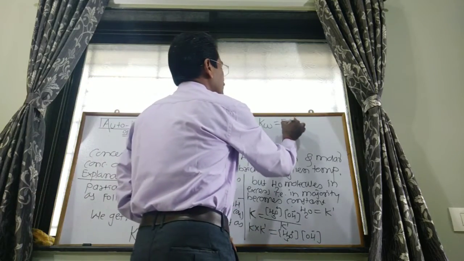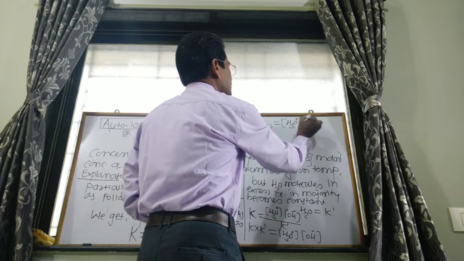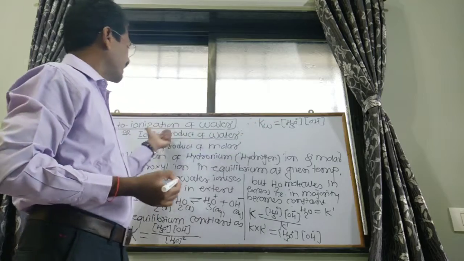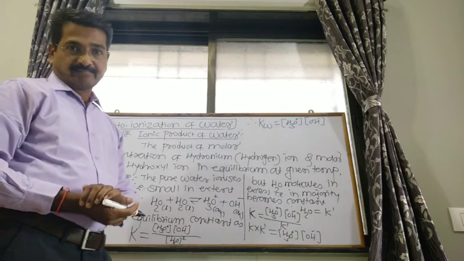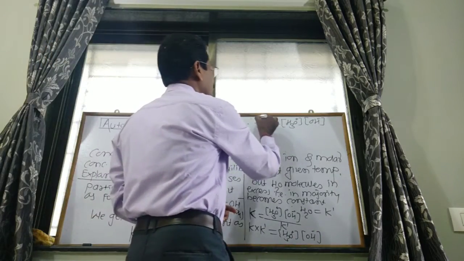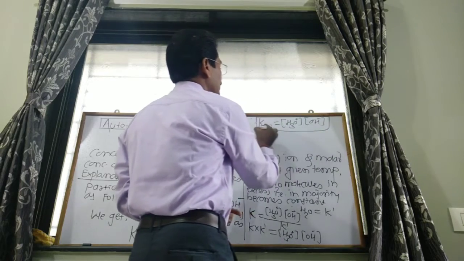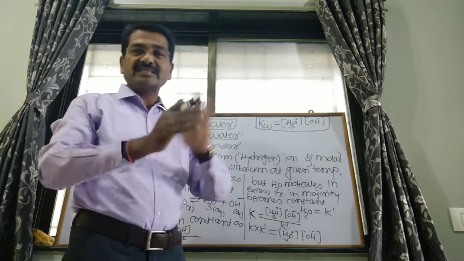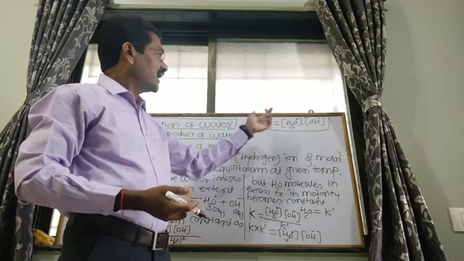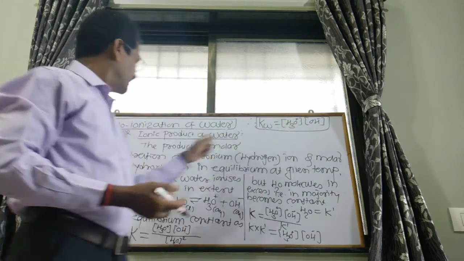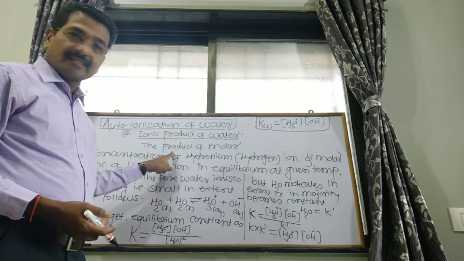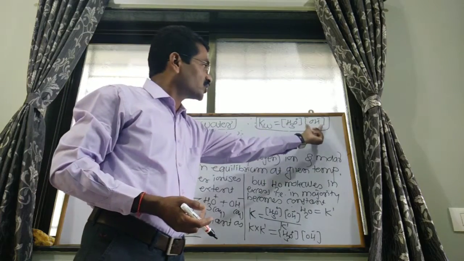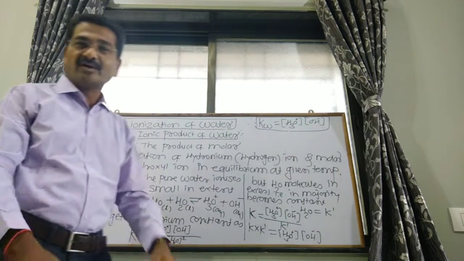KW is equal to the concentration of H3O plus times the concentration of OH minus. So this is the equation of the ionic product of water. KW is equal to the concentration of hydronium ion times the concentration of hydroxyl ion, the ionic product of water, and that definition is already given: the product of molar concentration of hydronium and molar concentration of hydroxyl ion is called the ionic product of water.